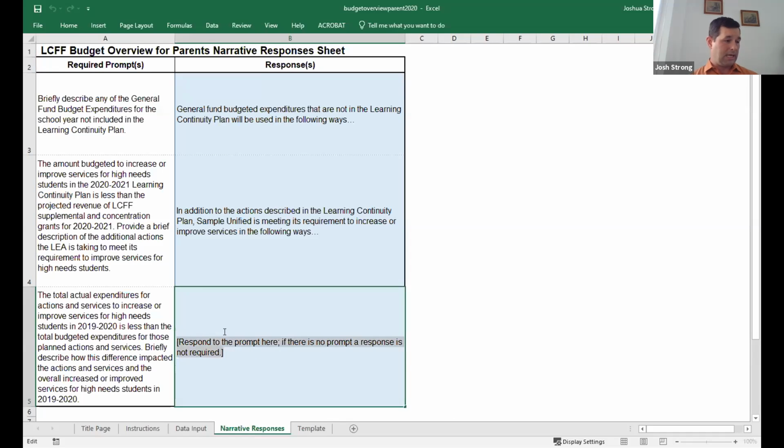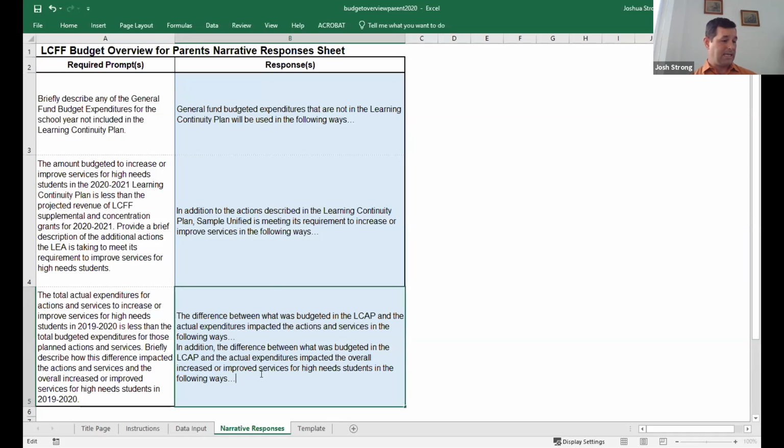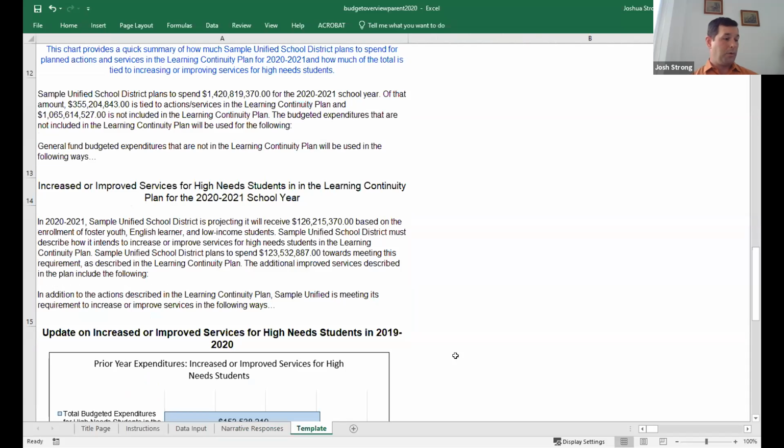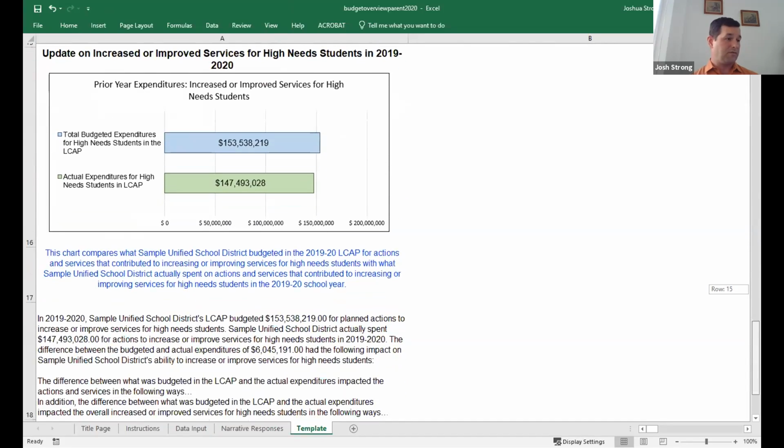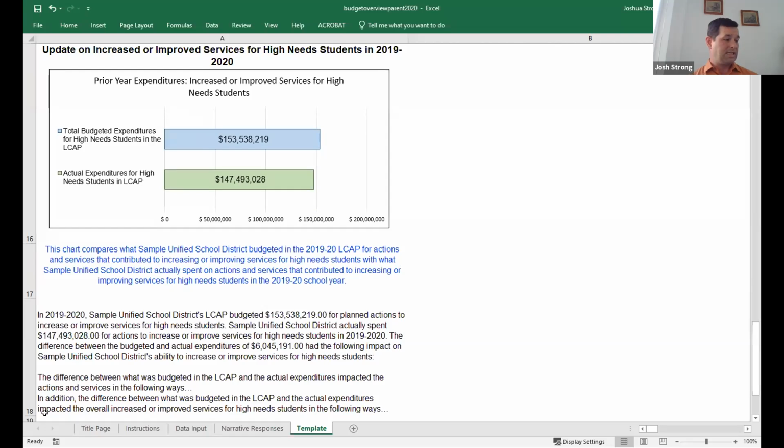So again, double clicking and then pasting in. And then when we go back to the template and we're looking specifically at the update on increased or improved services, we can see that down here is where our description has populated in.